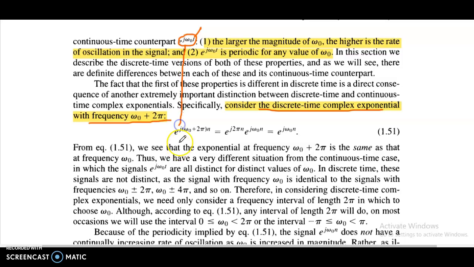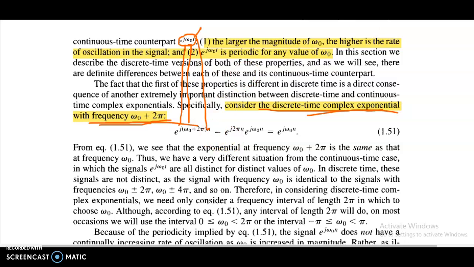So here, e power j with frequency omega naught plus 2 pi, and instead of t, n will come.